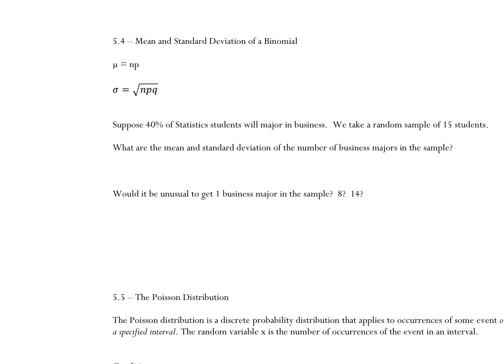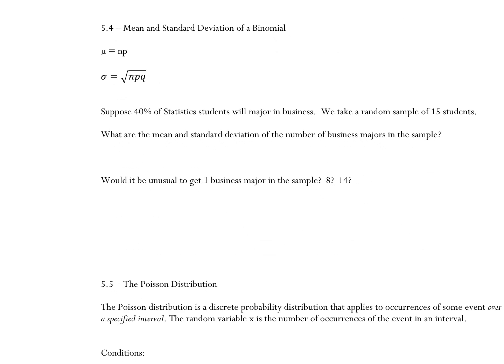Okay. So, in this particular case, we take a random sample of 15 students, so we still have n equals 15, p equals 0.4. If I ask you what is the mean, you're going to say 15 times 0.4. This is equivalent to if you typed in the whole table.